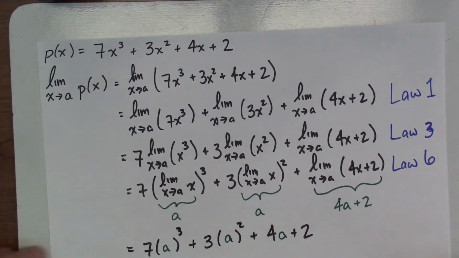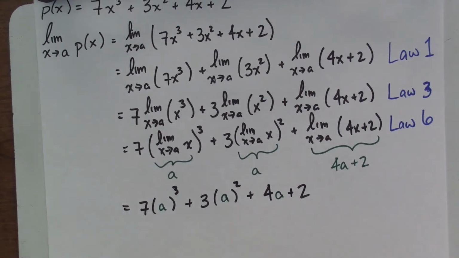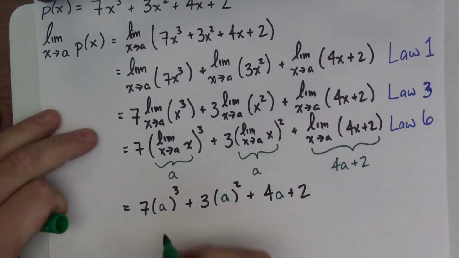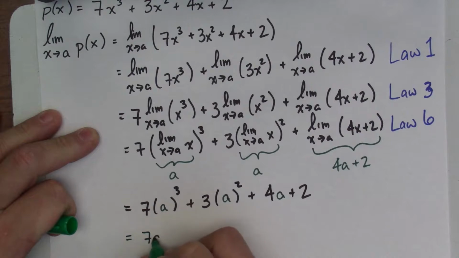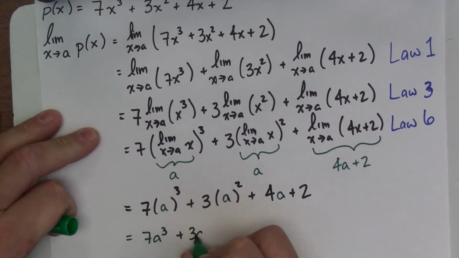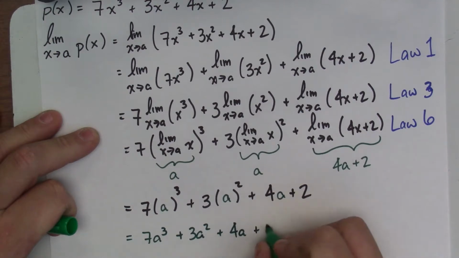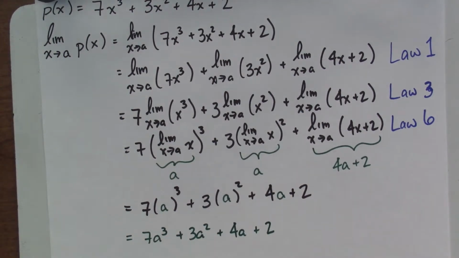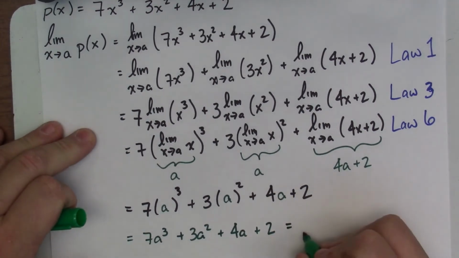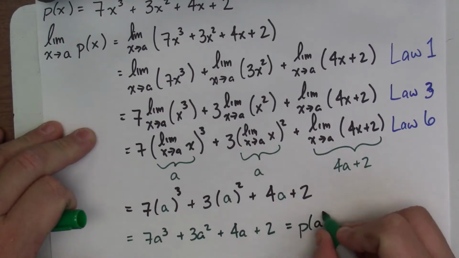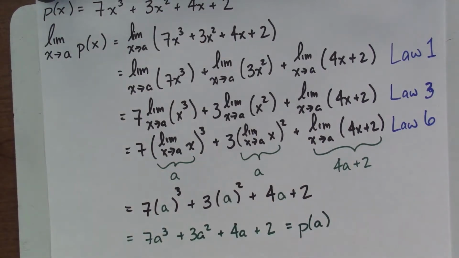Okay. Well, if we go back to our original, that's just 7a cubed, 3a squared, 4a plus 2. Well, that's just p evaluated at a.